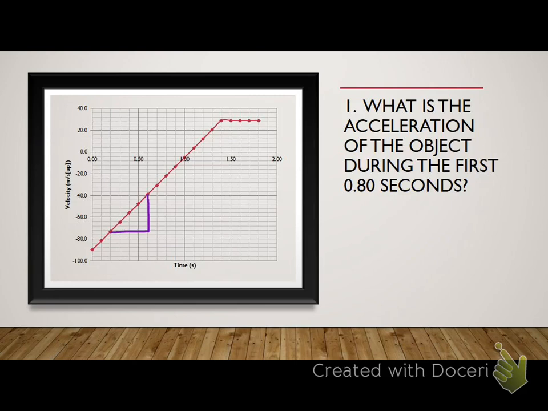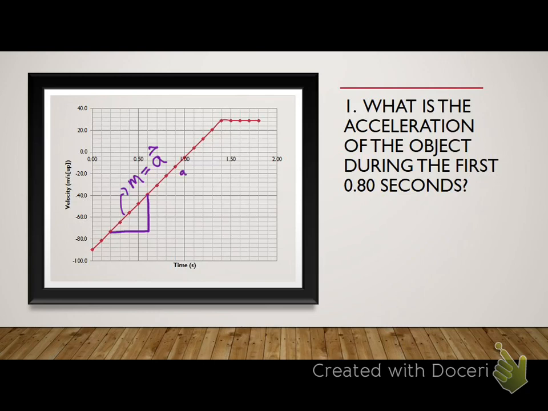So using those 2 numbers and knowing that the slope of this line equals acceleration, and that's a vector quantity, so that's acceleration with a direction, I am going to use these numbers now to calculate my answer.